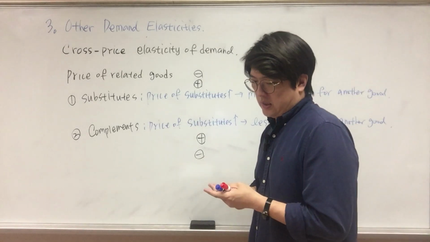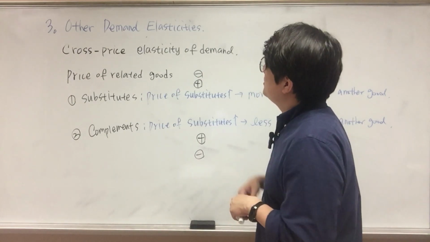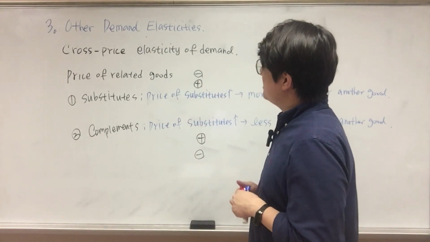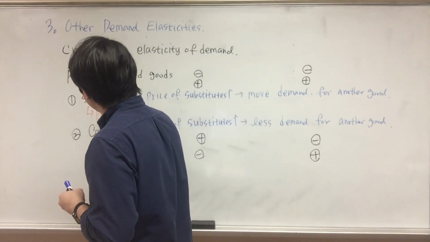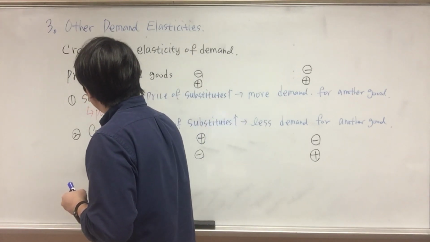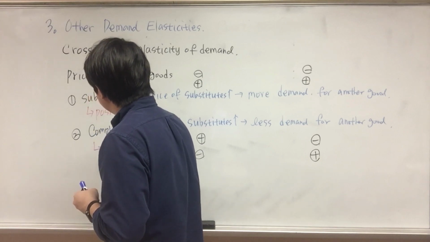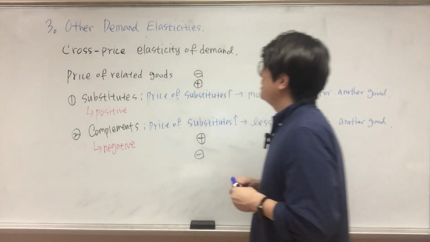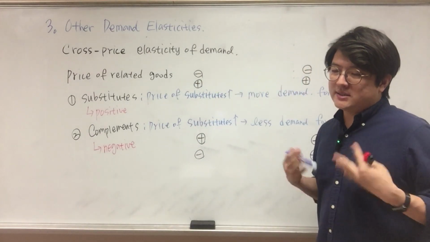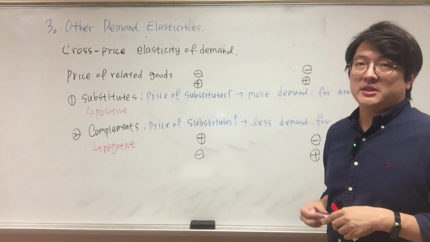So, according to the cross price elasticity of demand, substitution goods would be positive and complements are negative, right? So what is the cross price elasticity of demand?